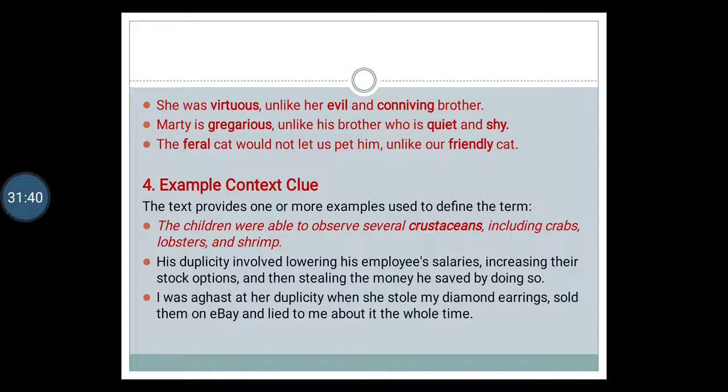Marty is gregarious, unlike his brother, who is quiet and shy. So, gregarious tells you that someone who is gregarious is certainly not quiet and shy. He's not quiet, he's probably talkative, he's probably noisy, he's everywhere, he's not shy.